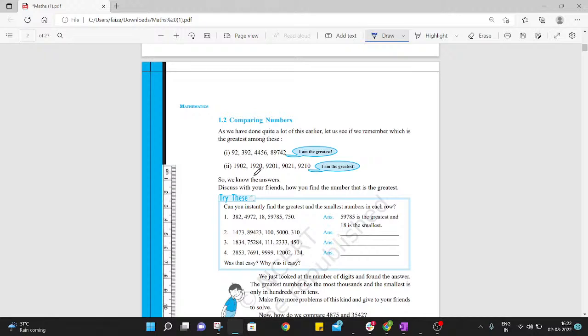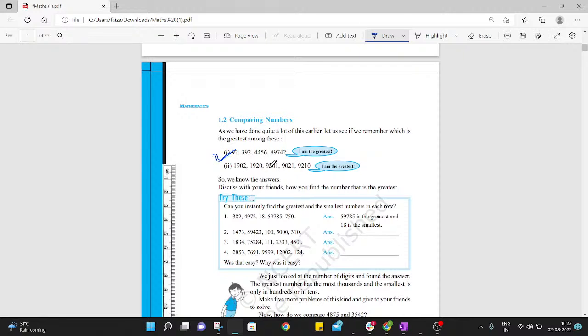You can see we have a question over here. Comparing numbers. As we have done quite a lot of this earlier, let us see if we remember which is the greatest among these. So we have question 1.